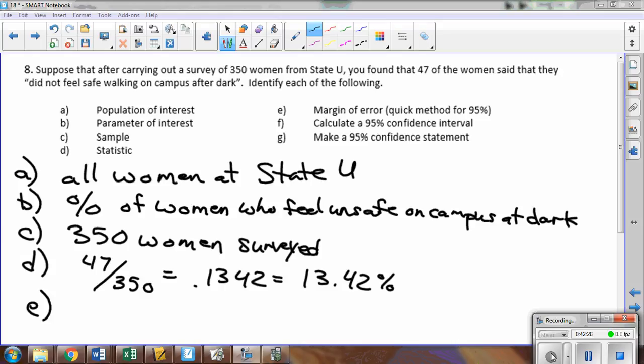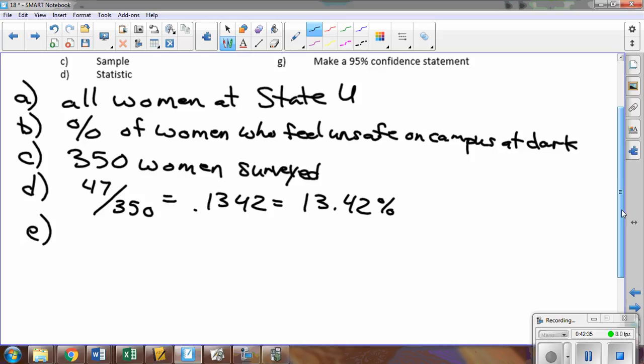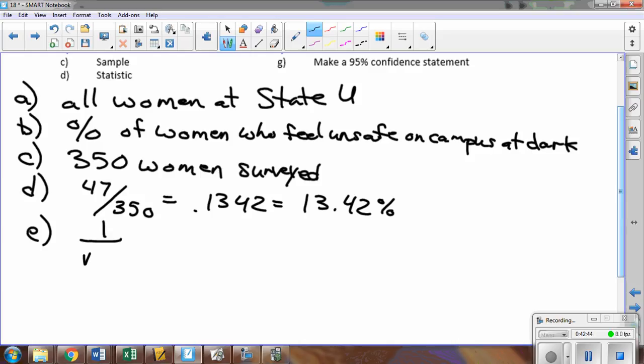Margin of error. And once again, we know that this shortcut we're taking advantage of is not perfect. It's a shortcut specifically designed for 95% when it's based on percentages. And the margin of error is 1 over the square root of the sample size. Make certain you don't make the mistake of using 47, because it's not 47 for the sample size, it's the denominator from our statistic.